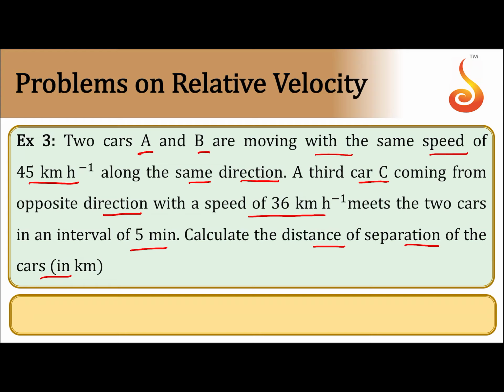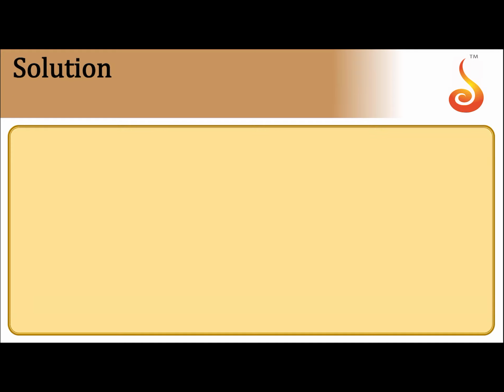Okay. Again, we can make use of the same logic, that is relative velocity is equal to relative displacement divided by time. Now, suppose I consider relative velocity of third car with respect to first car.